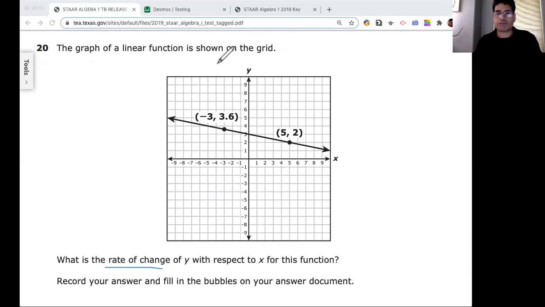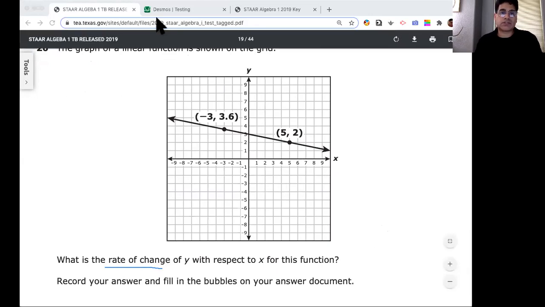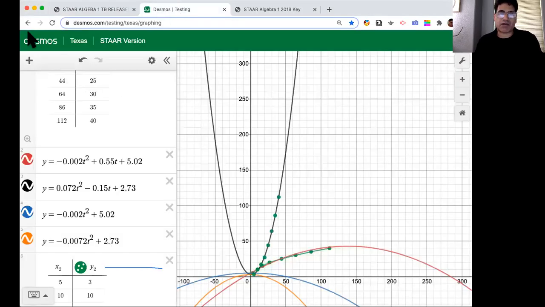So we remember those words, rate of change. We remember that we have on our sheet, the rate of change is equal to, and see if we've memorized them.